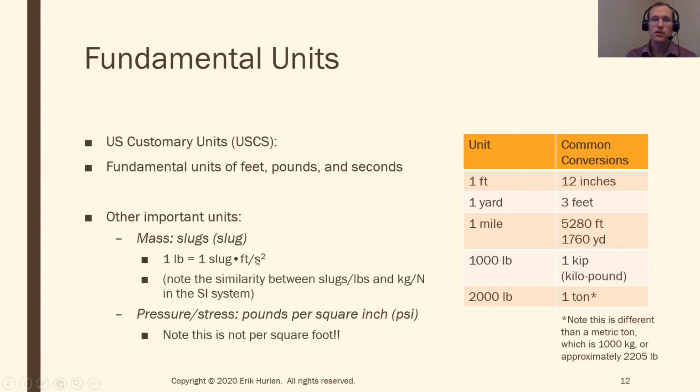So mass times acceleration gives me force. Slug feet per second squared is a pound, just like kilogram meter per second squared is a newton. So slugs and kilograms are very analogous for the US and SI systems.